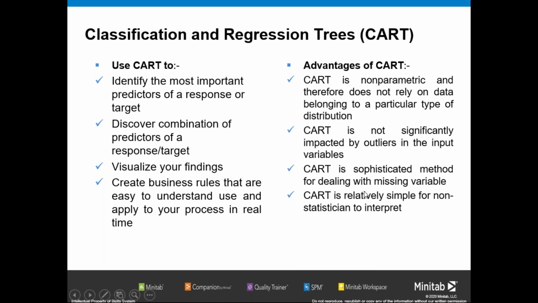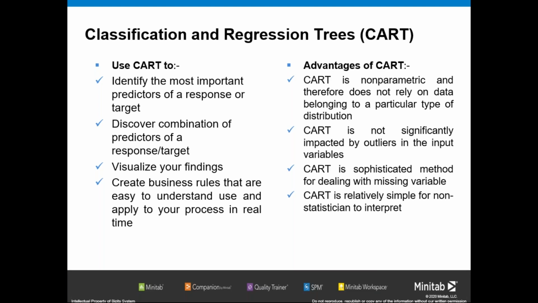The advantage of CART is that it's non-parametric, because CART does not rely on any assumption or any distribution. CART is not significantly impacted by outliers in the output. CART can handle missing data. CART can handle the outliers, meaning that we have a surrogate, where we merge together based on similarity.